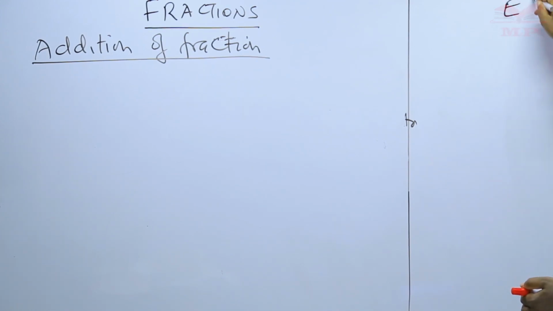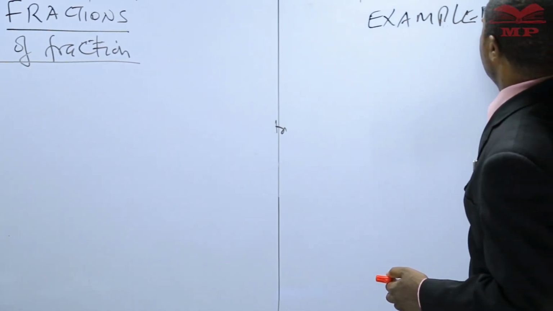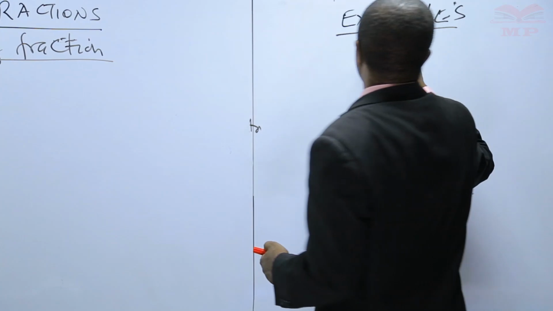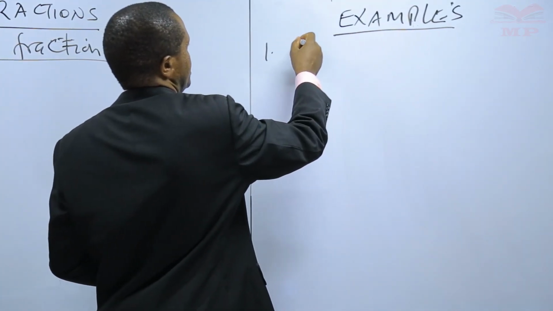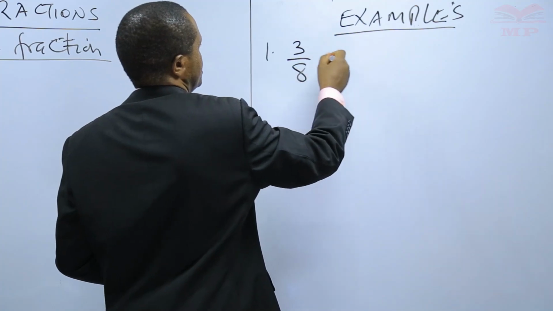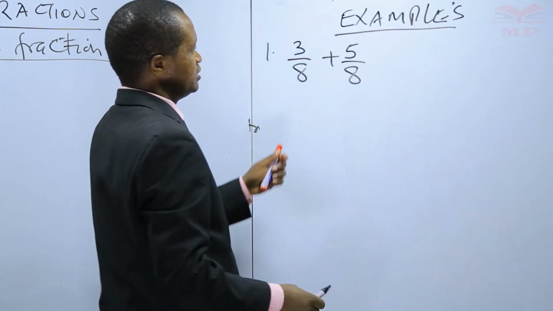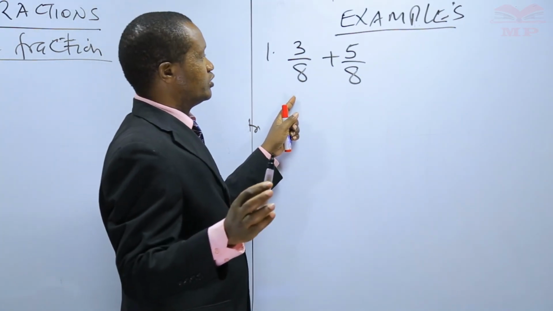Example number 1: 3 over 8 plus 5 over 8. These are two fractions. We want to carry out the operation known as addition.